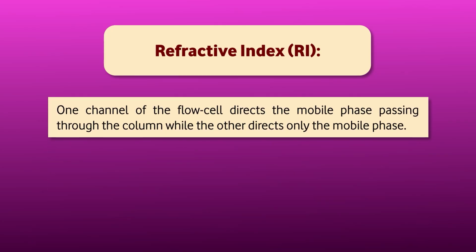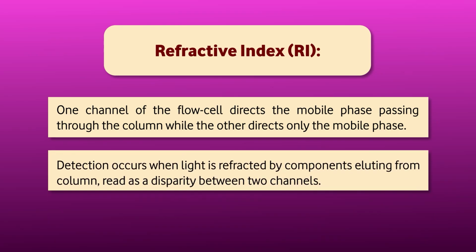One channel of the flow cell directs the mobile phase passing through the column, while the other directs only the mobile phase. So there are two flow cells. The one which is passing through the column will have the components.